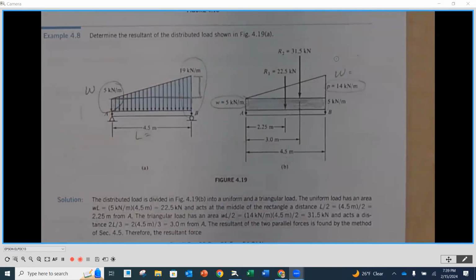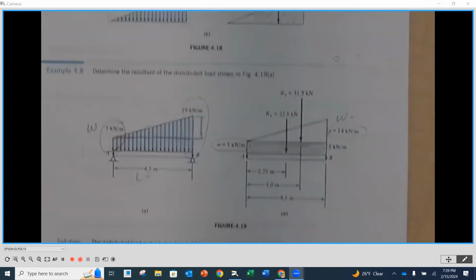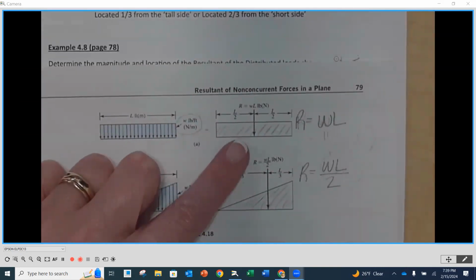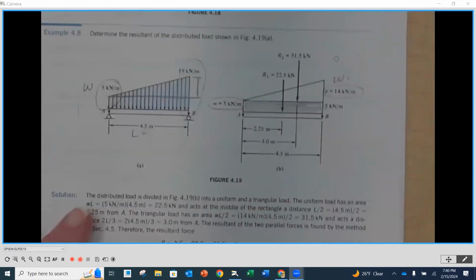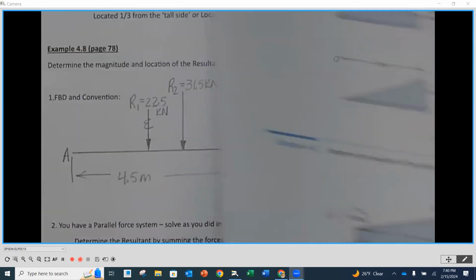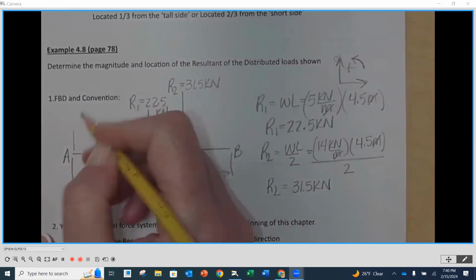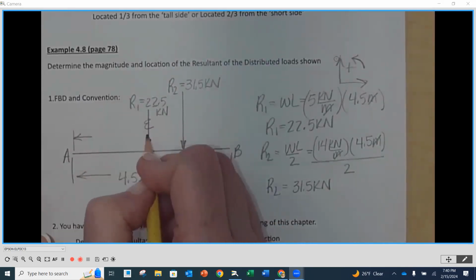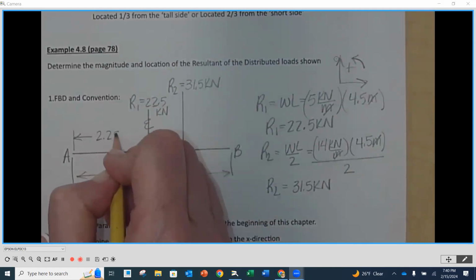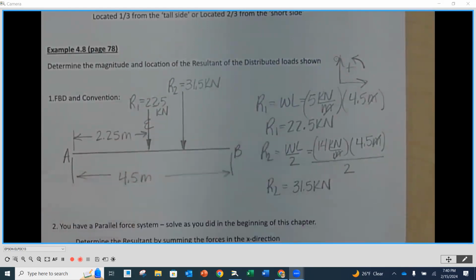That's the easy one. The rectangular is always going to be located at the geometric center, which is half in from either side. So since we are at 4.5 meters, that means that from A to R1, that's going to be 2.25 meters.